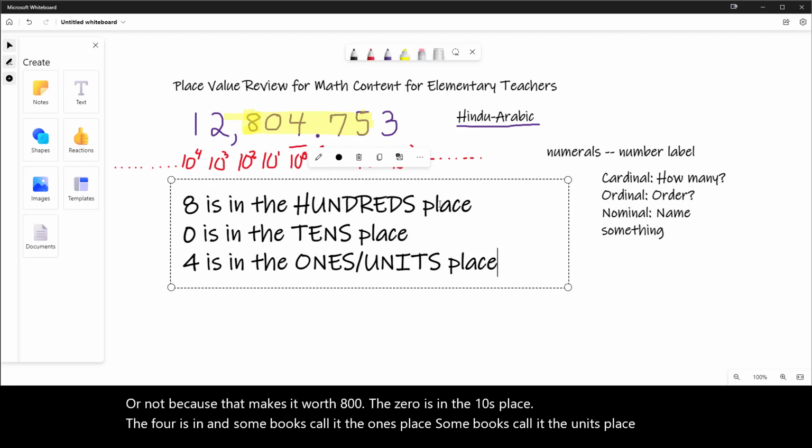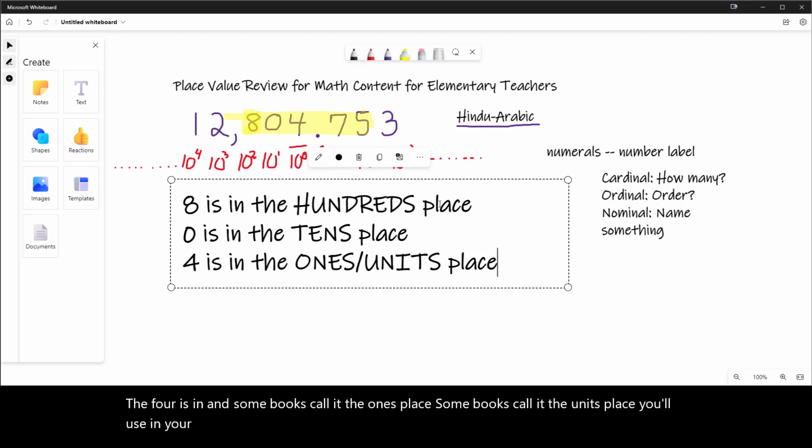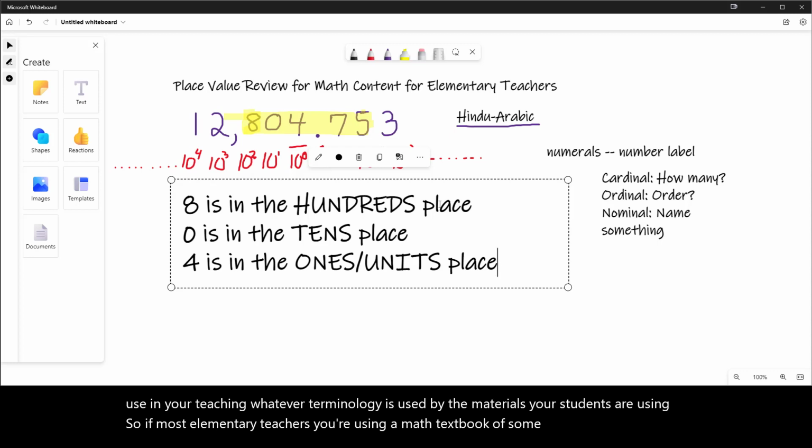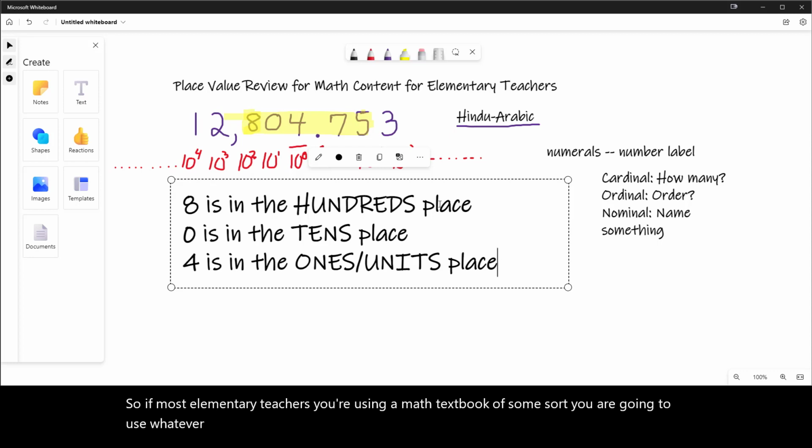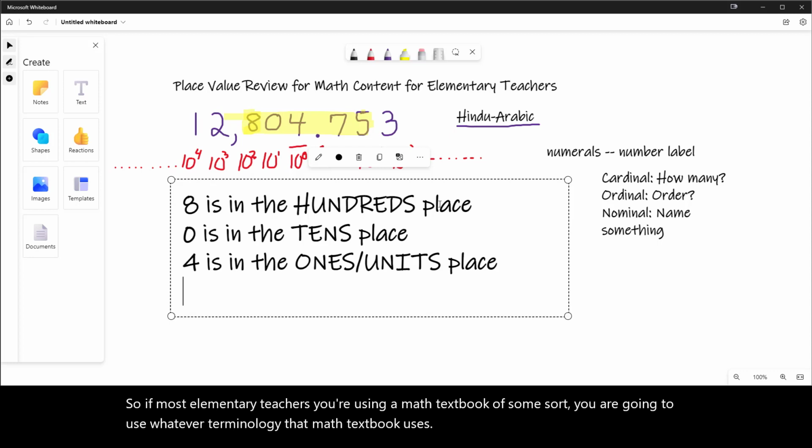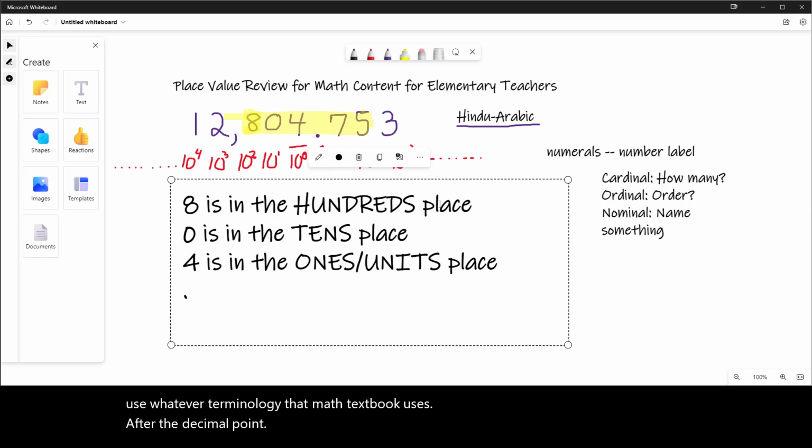You'll use in your teaching whatever terminology is used by the materials your students are using. So if, like most elementary teachers, you're using a math textbook of some sort, you are going to use whatever terminology that math textbook uses. After the decimal point, that's when we add TH to things.